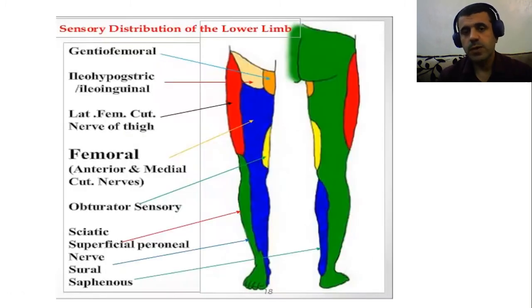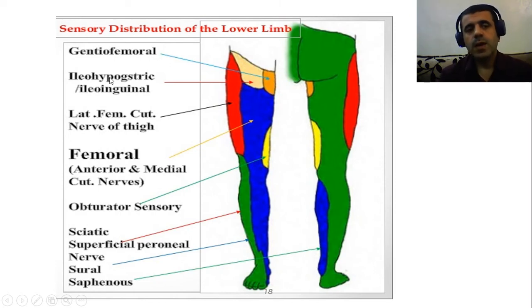Okay. Now these are the skin areas that are supplied by many nerves. So the genitofemoral nerve will supply the skin of this area, the anteromedial part of the upper part of the thigh.